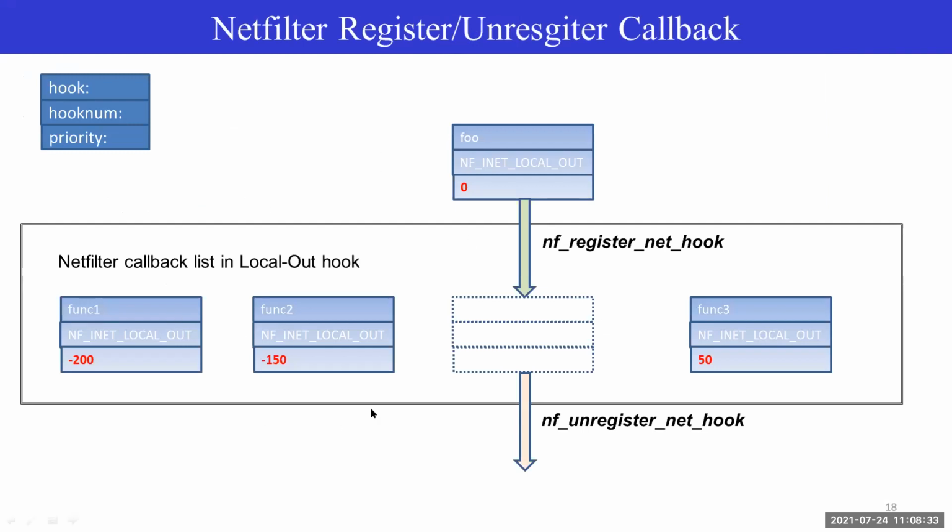As we are talking about only IPv4, we have not mentioned other fields of the hook structure. Those are the same, and the hook number is also the same. The only differences are the function name or the callback routines and their priority.